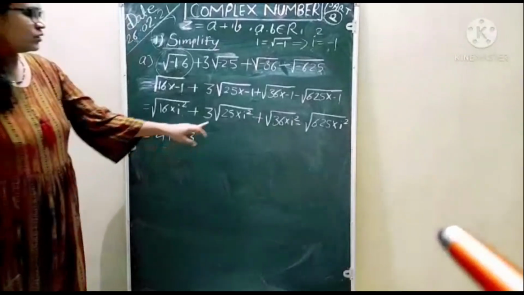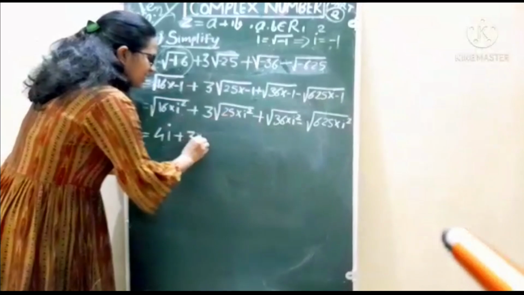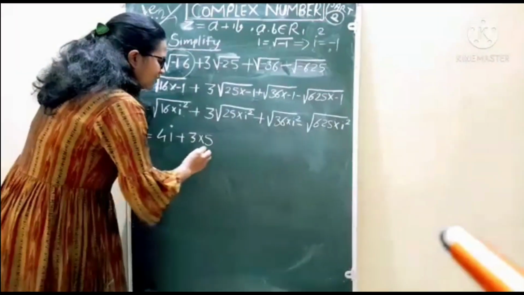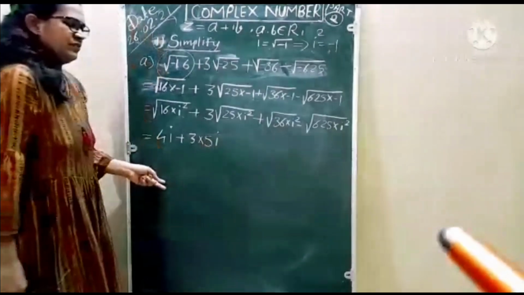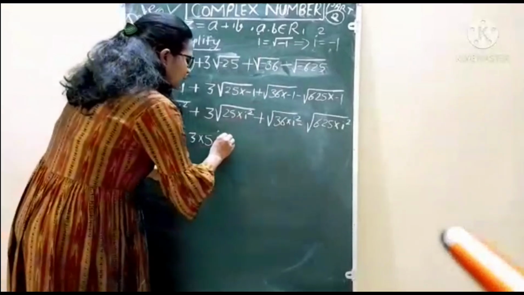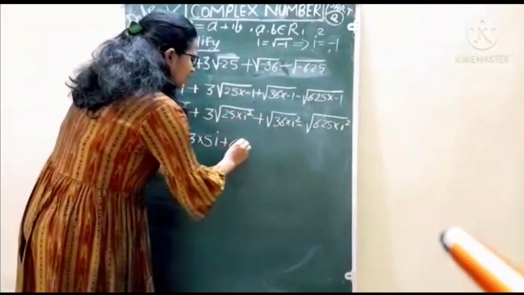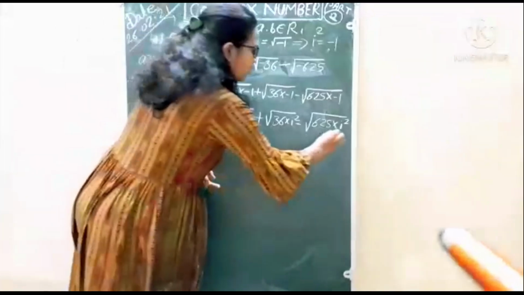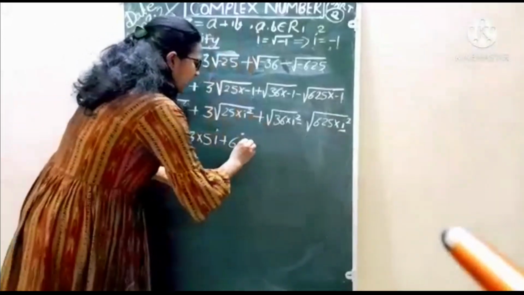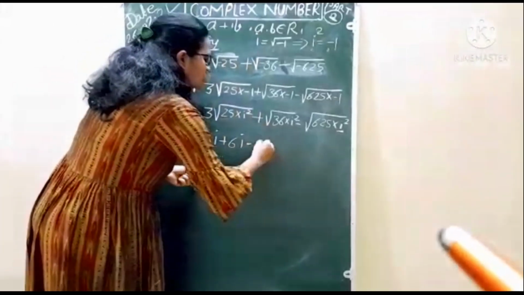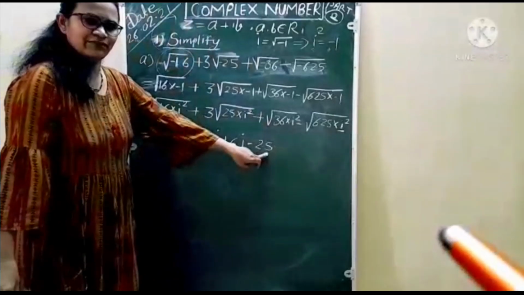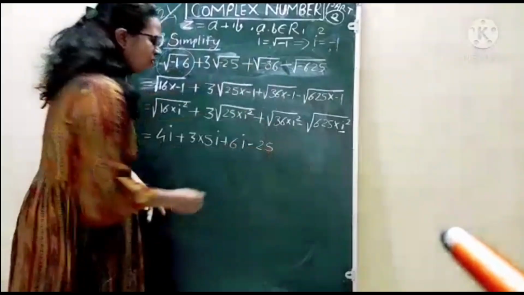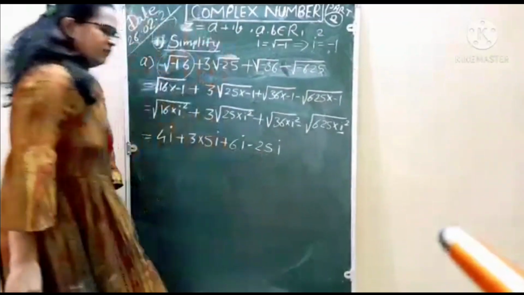Again root 25 is 5 and root i square is i. Then plus root 36 is 6, and root of i square is i. And now minus of root 625 is 25, and root of i square is i.